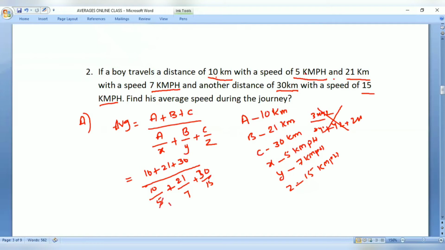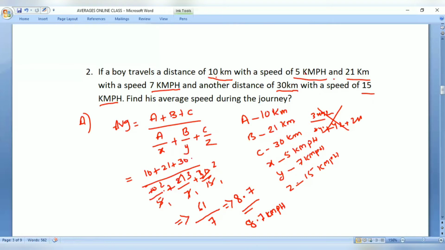Now, if you see the calculation, 30 plus 21, 51 plus 10, it is 61, divided by 2 plus 3, 5 plus 2, that is 7. So 61 divided by 7 gives 8.7. So here the average speed is 8.7 kilometer per hour.